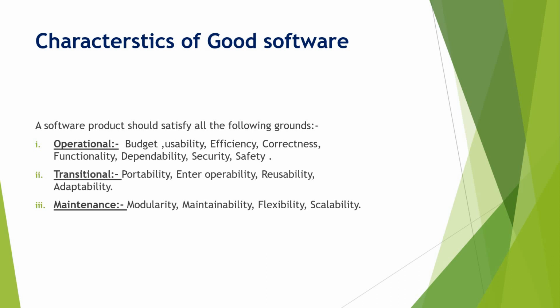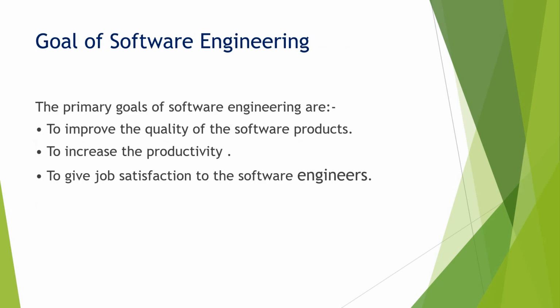These things also depend on three grounds: operational, transitional, and maintenance. Operational means budget, usability, efficiency, correctness, functionality, dependability, security, and last is safety. And transitional means portability, interoperability, reusability, and adaptability. And maintenance is modularity, maintainability, flexibility, and scalability.